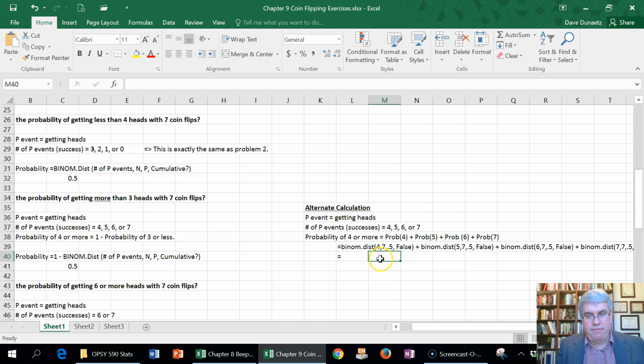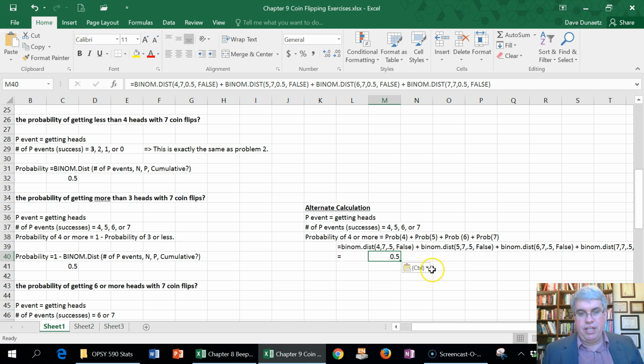I'm not going to have the apostrophe that made it a text, and it calculates it, adds up those 4 numbers, and says, look at that, it's 0.5, just like we calculated here. It's a 50% chance that we would get more than 3 heads with 7 coin flips. Okay, let's look at another one.